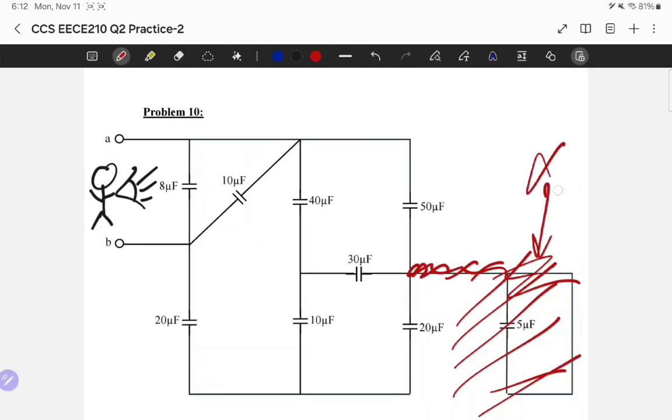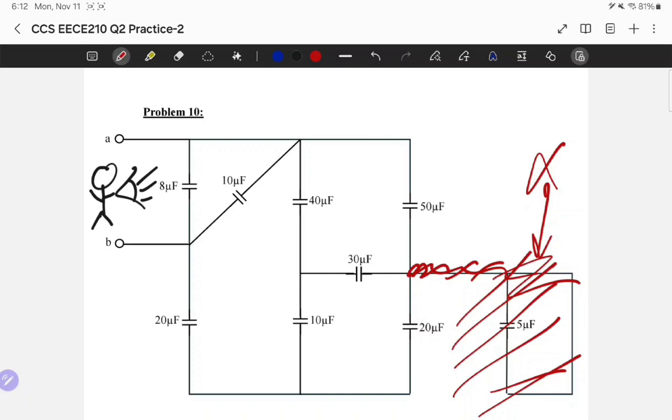Now, for grouping of capacitors, you know that you use equations that are the reverse of resistors. So if I have two capacitors in parallel, I don't do C1 times C2 over C1 plus C2. This is for resistors in parallel.